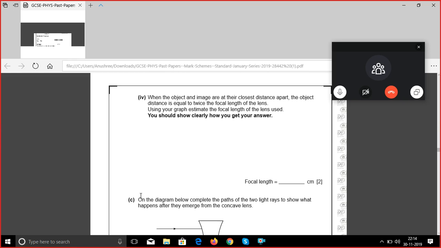So what's the length that you calculated? The distance between the object and the image, they're the closest distance apart at like 45 and 81. And you have to measure that.